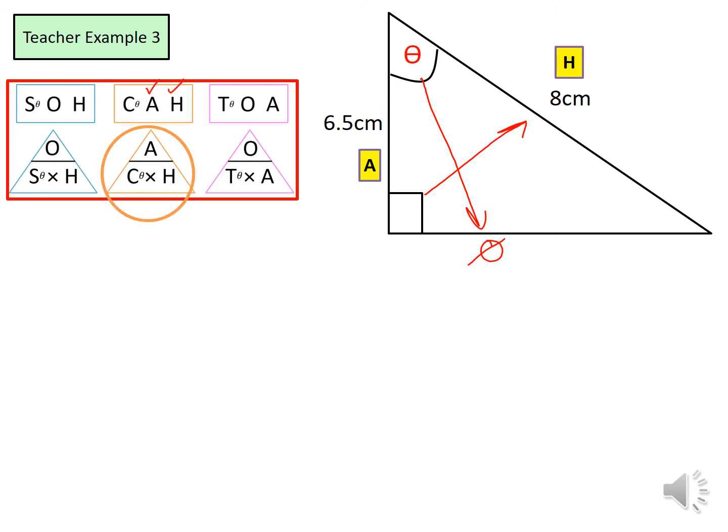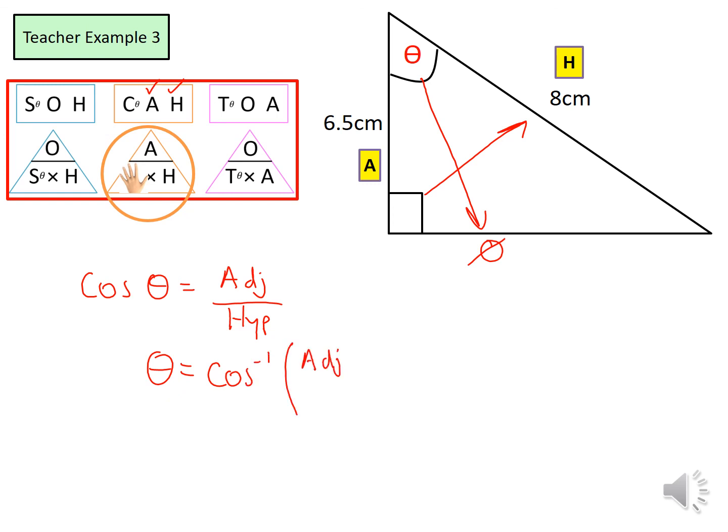Now we need to cover up the cos theta, the cos angle, because that's the one we're trying to find out. What you're going to write down is cos theta equals adjacent over hypotenuse. We want to get that angle on its own, so you do the inverse of cos, which is cos minus 1 of adjacent over hypotenuse.